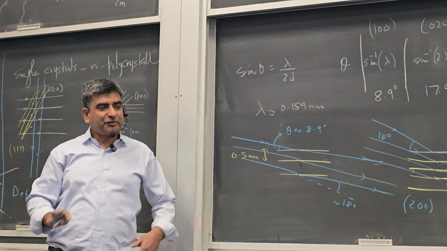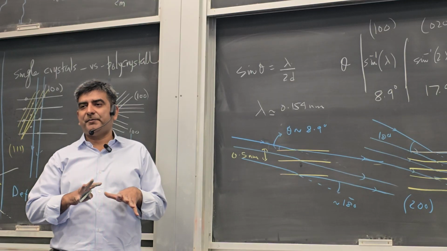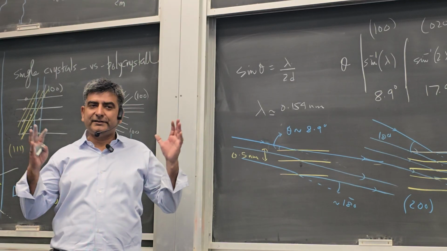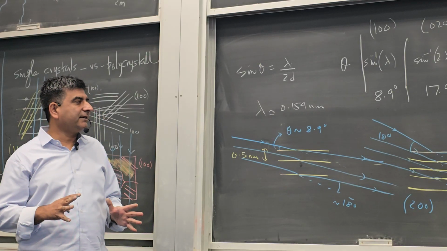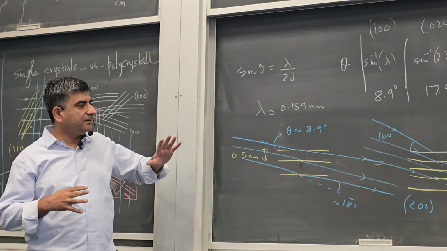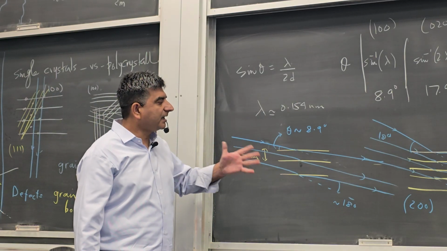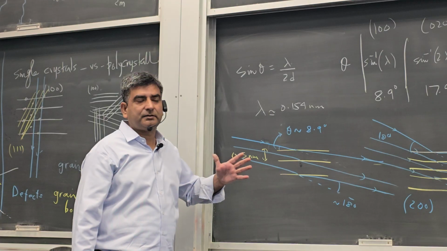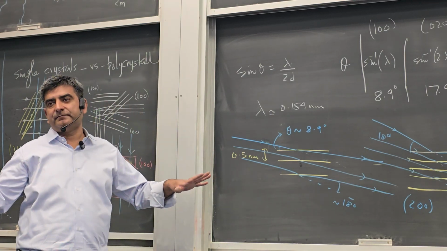Okay, so this by the way is a single crystal. If you have a polycrystalline material and there is one angle of incidence, then it's possible that there are some planes. In a polycrystalline material, you have all kinds of planes.